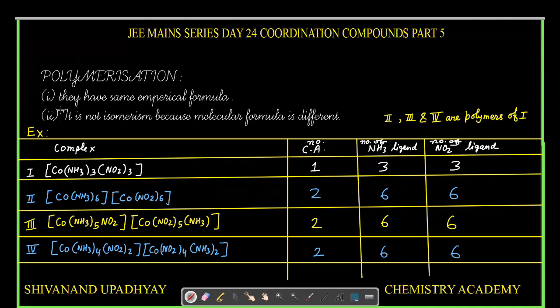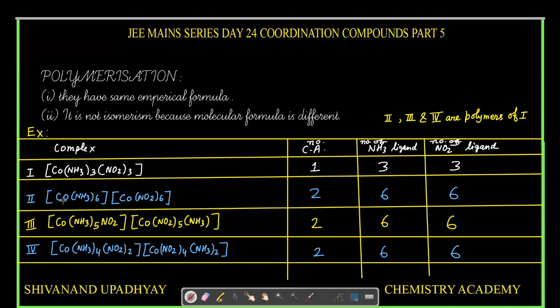And the last point, which is not an isomerism, is polymerization. Two coordination complexes having the same empirical formula, where one is a polymer of the other, is known as polymerization. It is not isomerism because the molecular formula is different. Like here, the first complex I have written is Co(NH3)3(NO2)3.